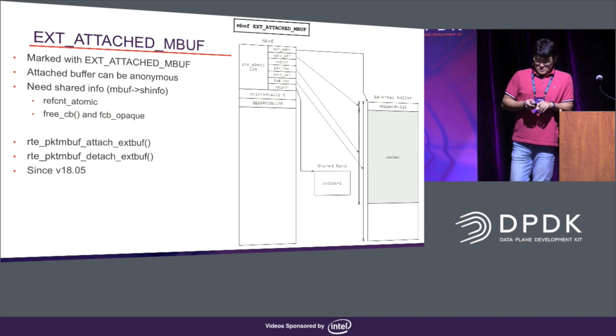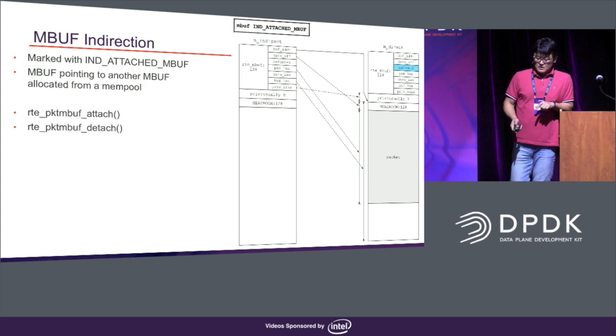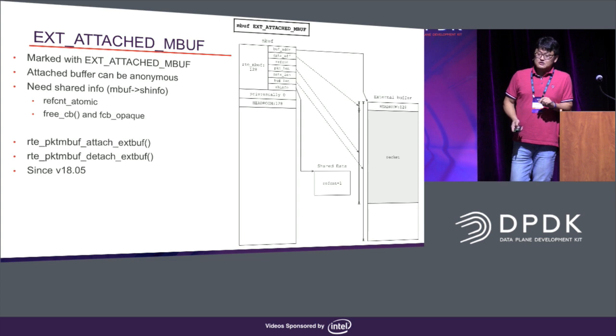So unlike direct versus indirect mbufs, which have to come from the mempool, now you can attach an external buffer, which is not necessarily an mbuf.